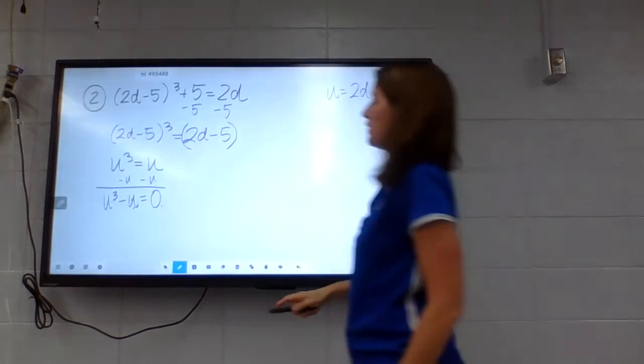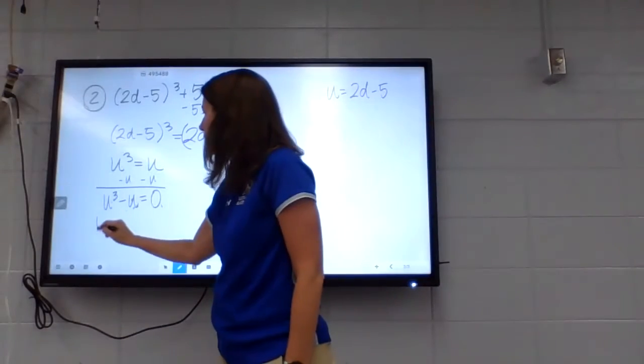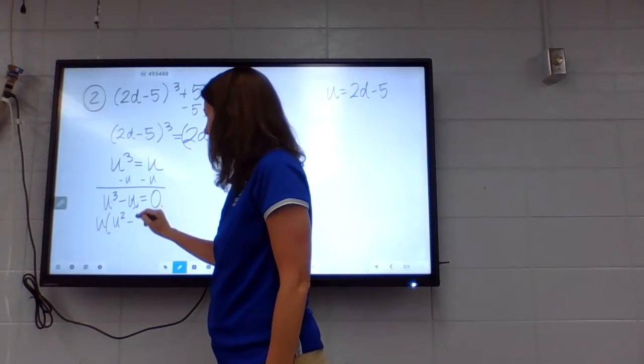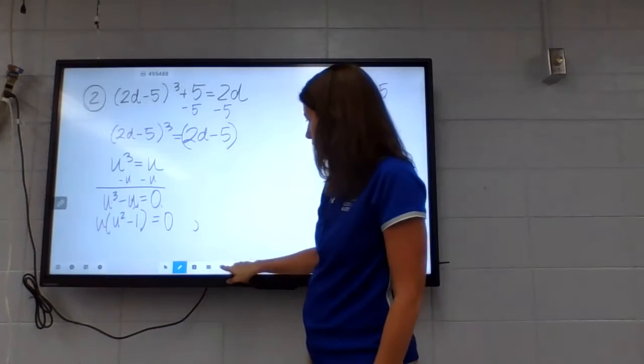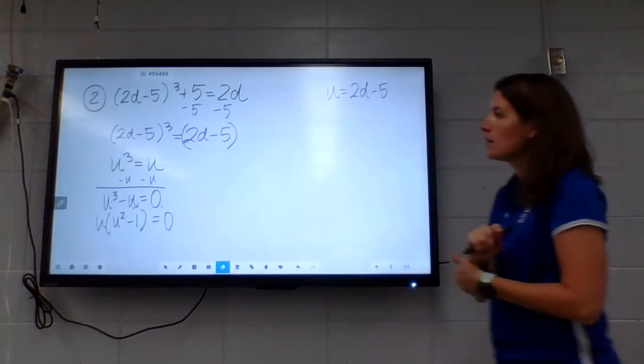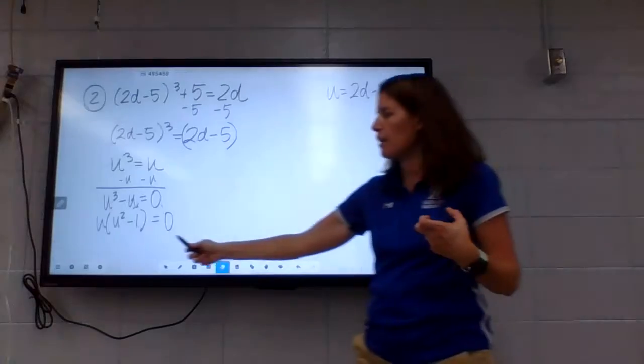Oops. Sorry. I'm going to factor out a u here. Now you could solve it this way, or you could factor further. I don't know which way you guys prefer. Are you guys okay with solving right now?